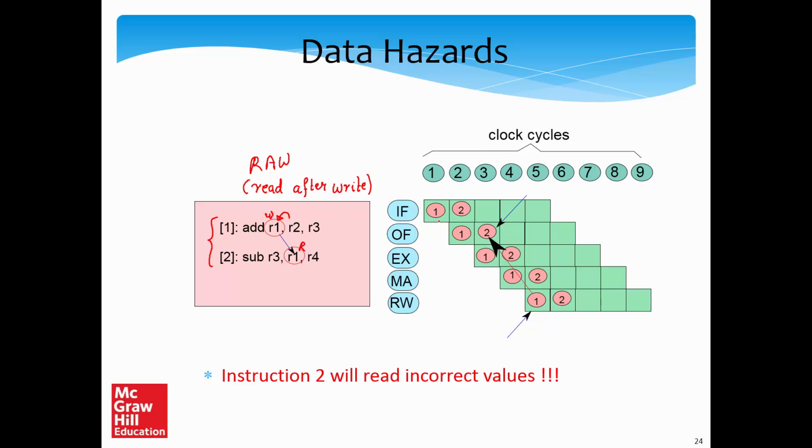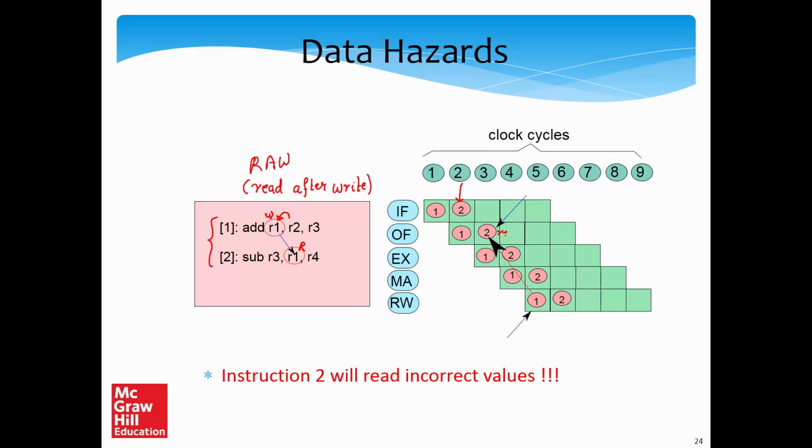So let's consider instruction 2. It enters the pipeline, the IF stage, in cycle number 2. In cycle number 3, instruction 2 enters the operand fetch stage. That is when it needs the value of R1, right? So the value of R1 is needed in cycle number 3.